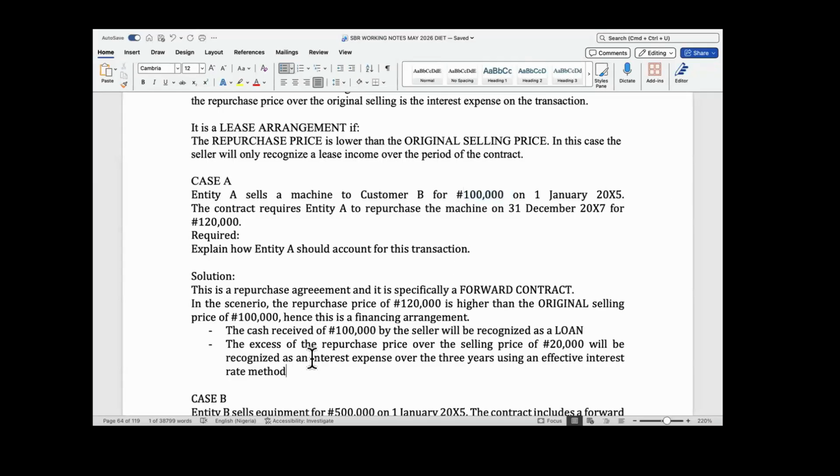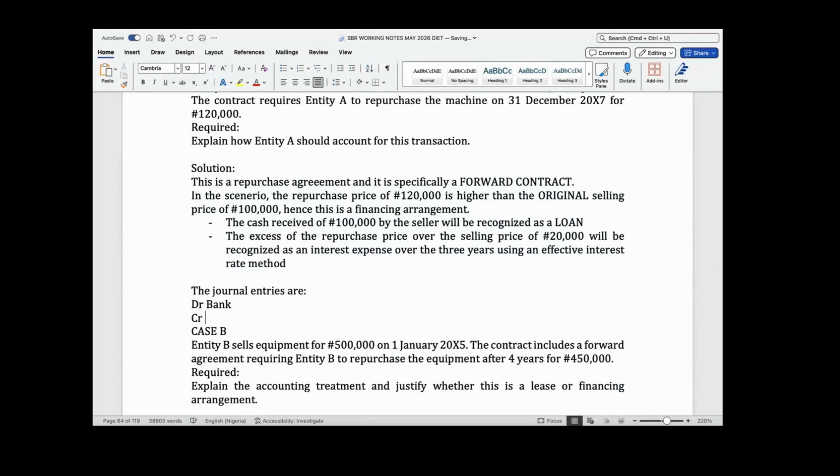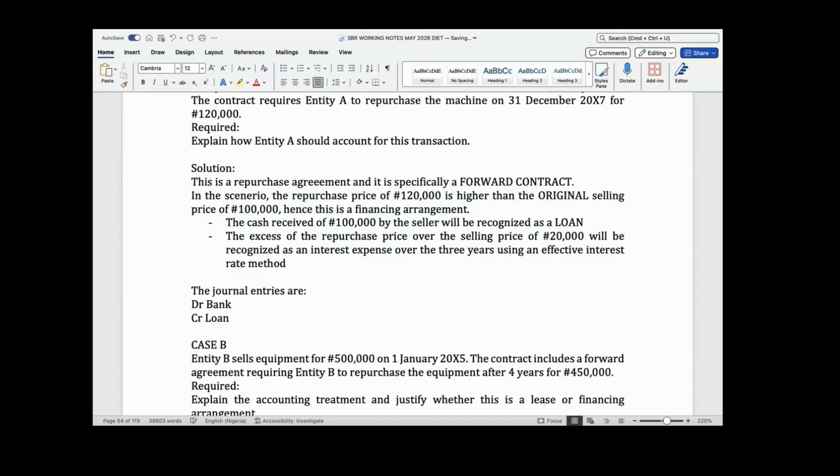For those that care about journal entries, I've solved it here. First, debit bank, credit loan, for the amount received for the sales of goods of 100,000.